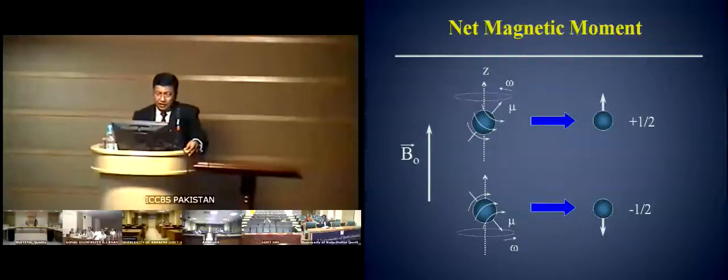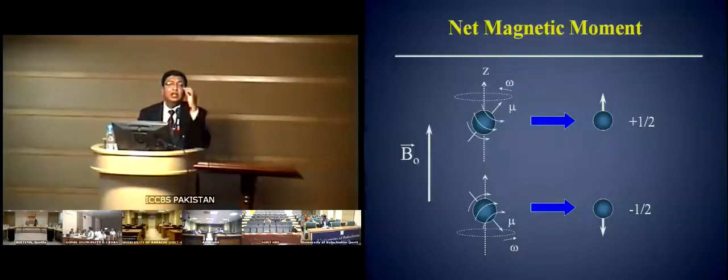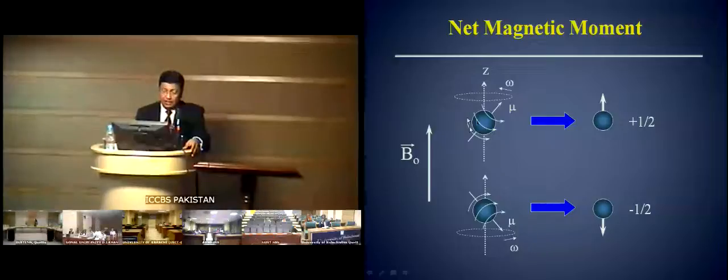So if I start from that point, this is the applied magnetic field, B naught, and in the conventional vector diagram, B naught is always placed towards the direction of Z plus.